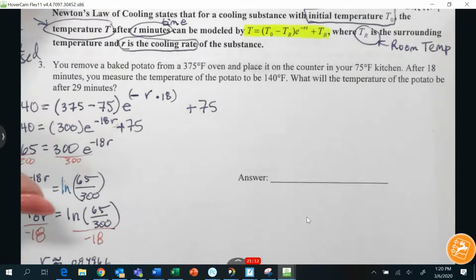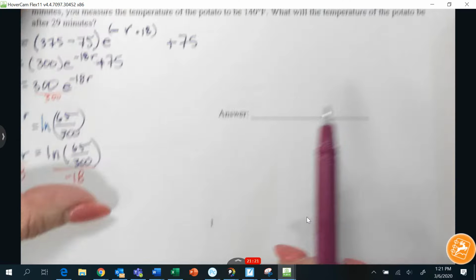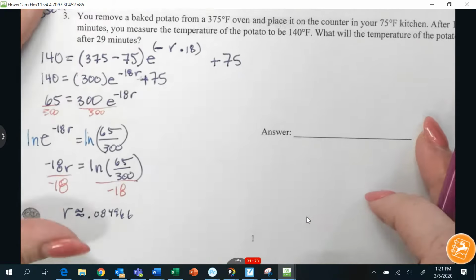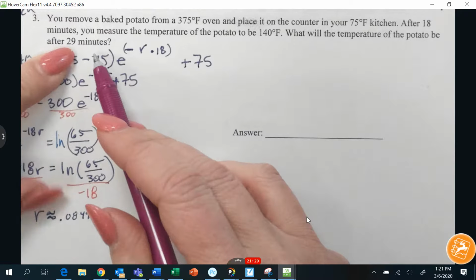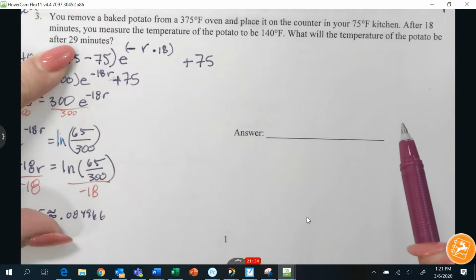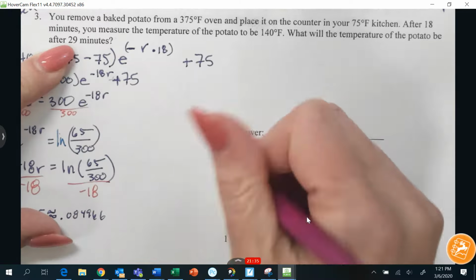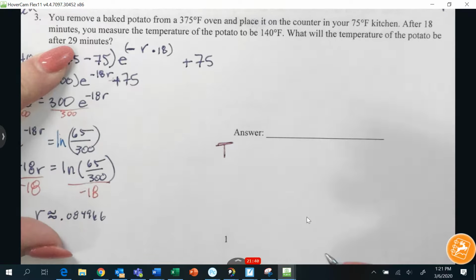So what I'm going to do is use my formula, and I'm going to have to move some stuff around. This is a restart of the formula. I'm going to put it under the answer space. So what will the temperature be after 29 minutes has passed? That means I don't know the capital T, because that's the temperature after time has passed. So I don't know that T anymore.